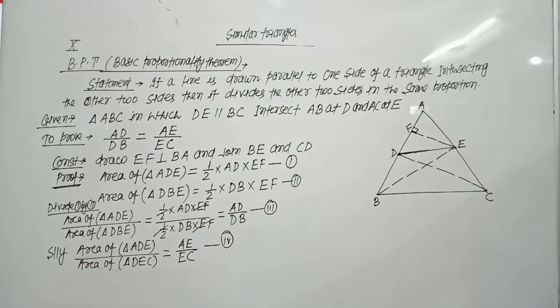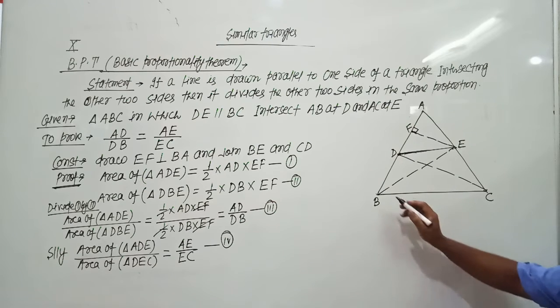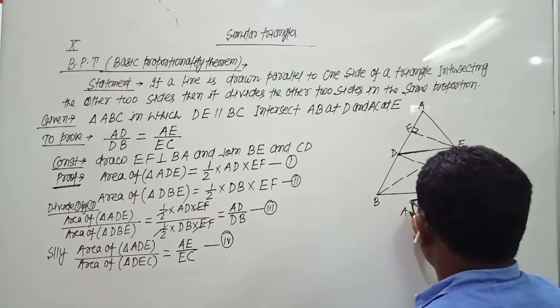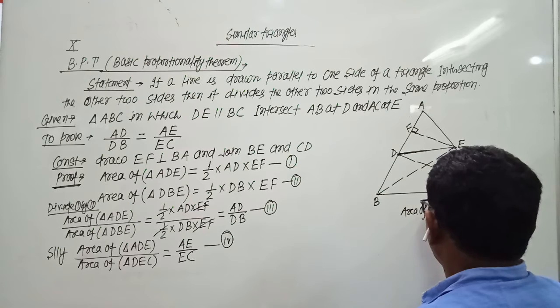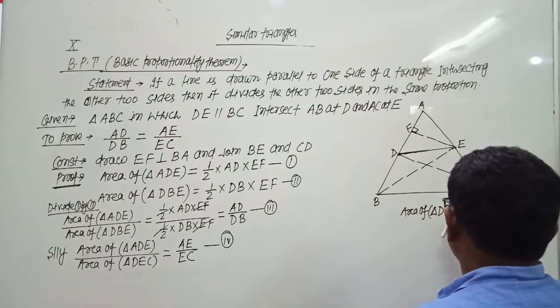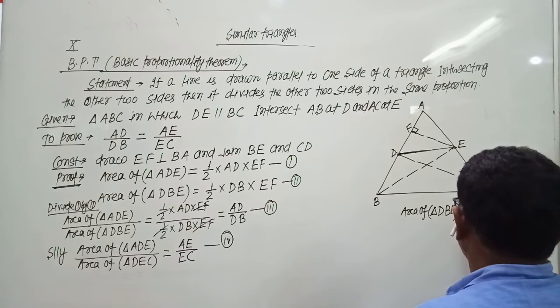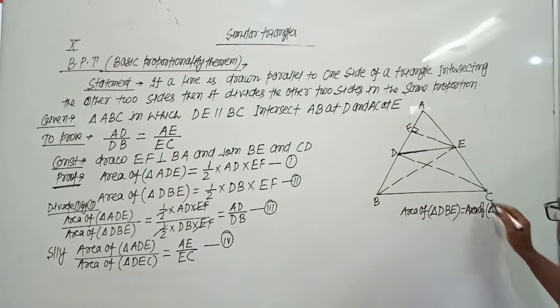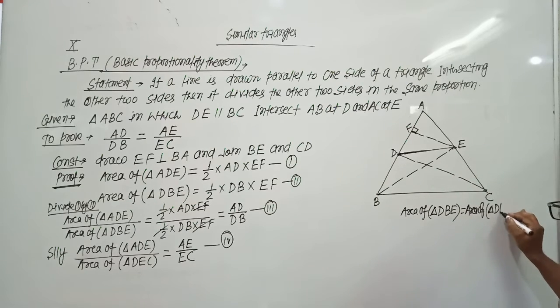So we can write area of triangle DBE is equal to area of triangle DEC, and name it the fifth equation.